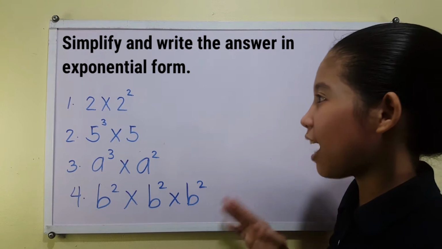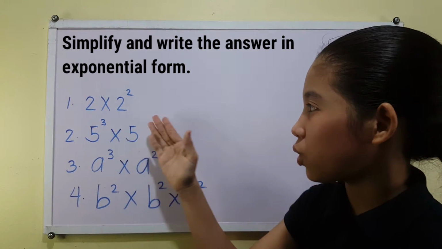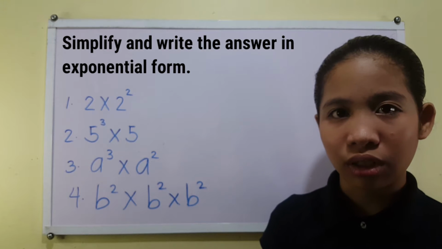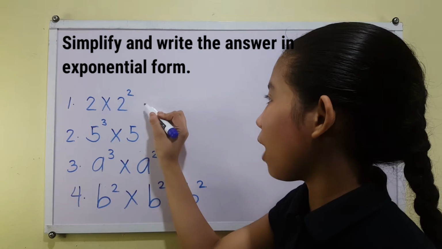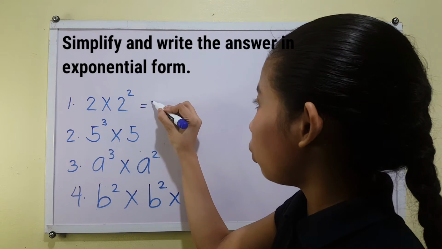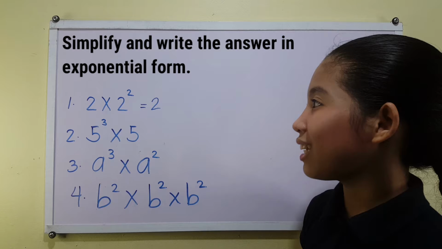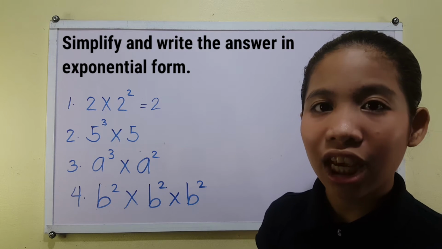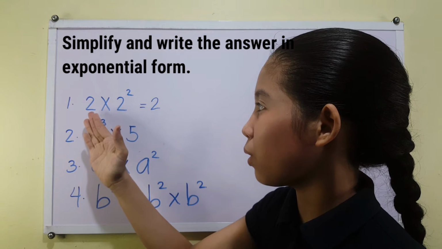Here are the examples. In our first example, we have 2 times 2 squared. The first thing that we are going to do is to copy the same base, which is 2. So we now have 2 to the power of. The next thing that we are going to do is add the exponents. As you can see, the first base doesn't have an exponent.